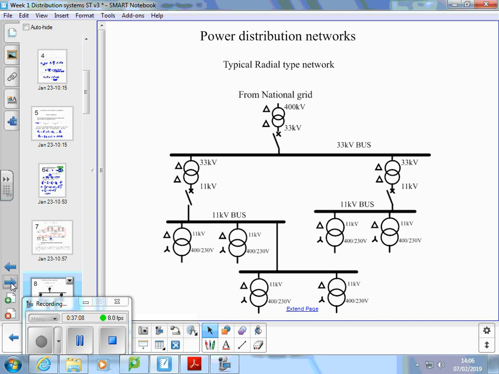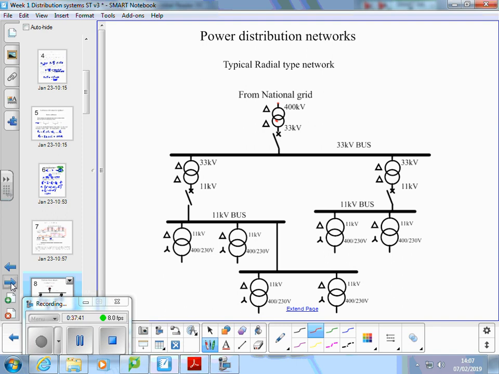So, what I want to do is have a little bit of a look at what's called one-line distribution diagrams and how those networks might be connected. So what we've got here is a typical radial network, where we're coming off the national grid at 400 kV, and this is a symbol for a transformer.